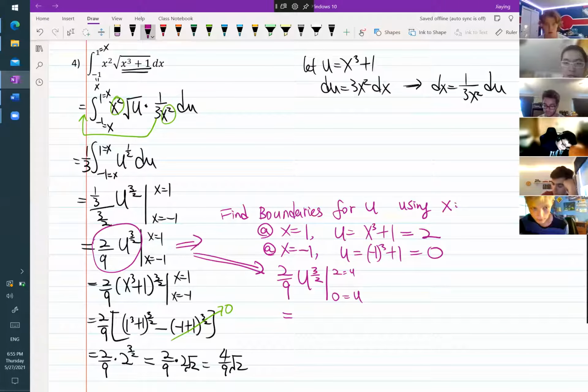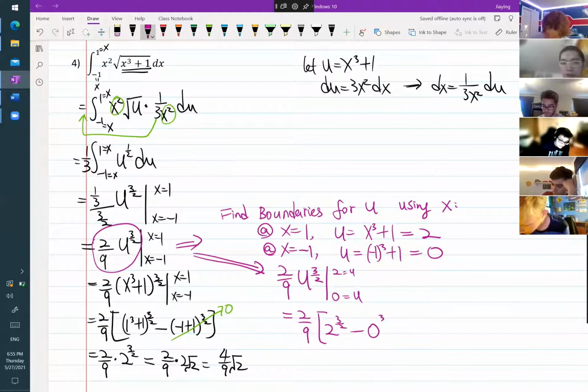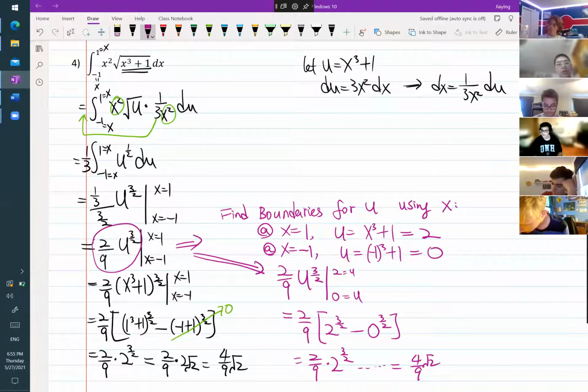So now we plug in directly, so we get 2/9 of u to the 3/2, which is 2 to the 3/2, minus 0 to the 3/2, which is 0. So we still end up with 2/9 times 2 to the 3/2. And if you do all the work, you end up with 4/9 square root of 2. I just want to show you that those are the two approaches.